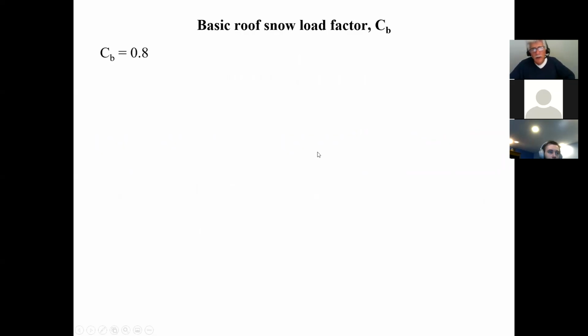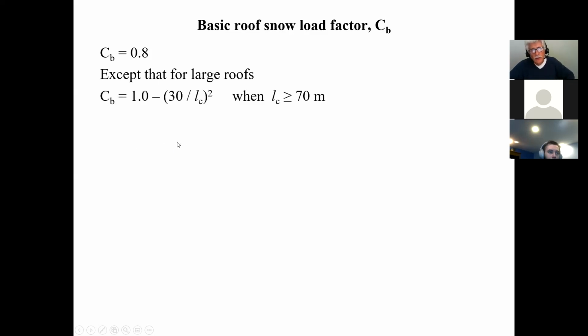And they modified that later on. Except for large roofs, they found that large roofs can have more of an accumulation that can occur, even though there's nothing that's going to obstruct, and therefore they came up with a new way of calculating CB.